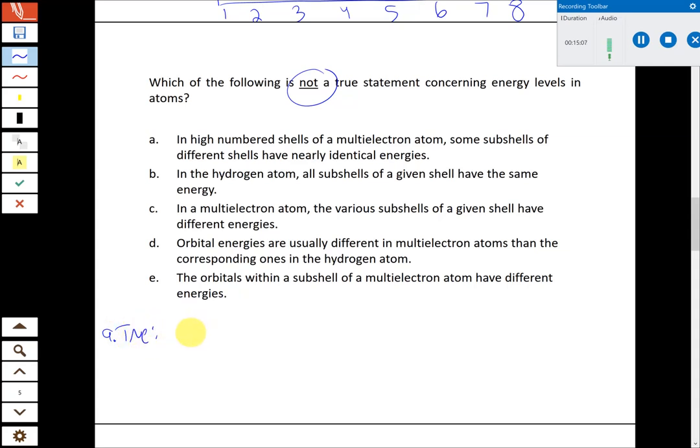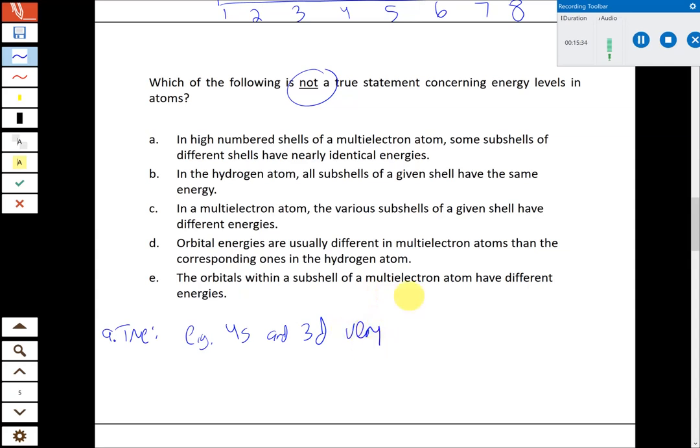As an example, the first place where this really happens is 4s and 3d. These are different subshells in two different shells, but they're very close in energy.